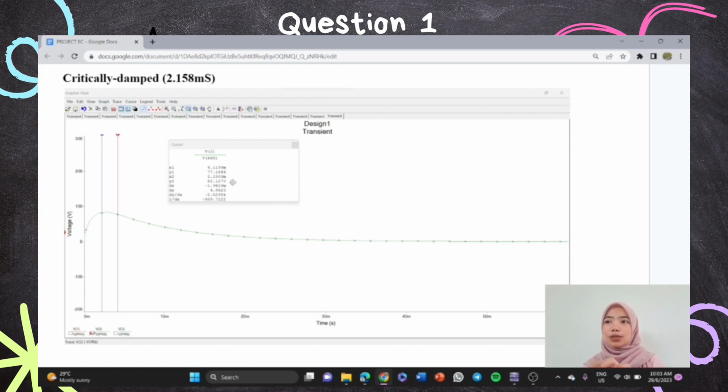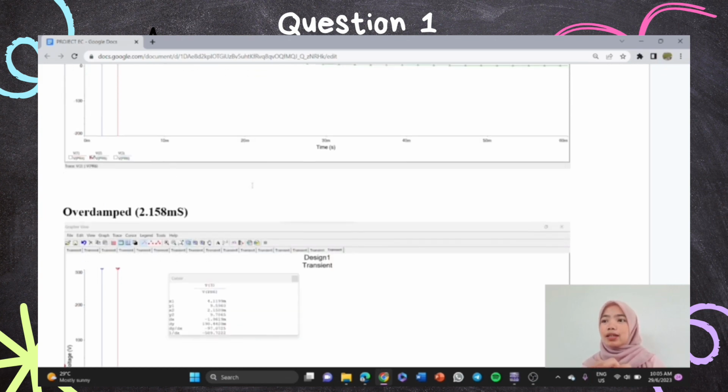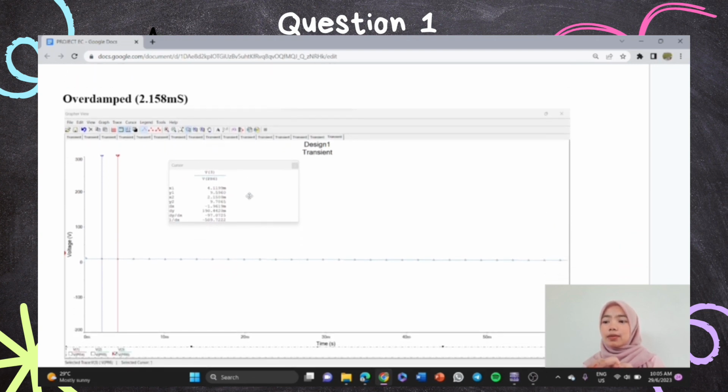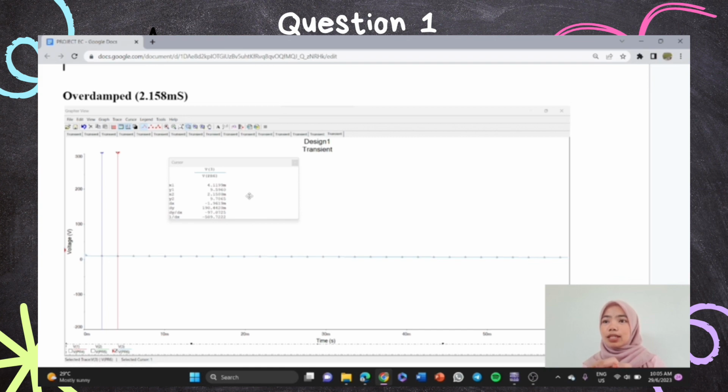The same goes for the underdamped. And the last one, for the overdamped, 18% of the peak value is 9.779 volts, and it also takes 2.16 milliseconds.